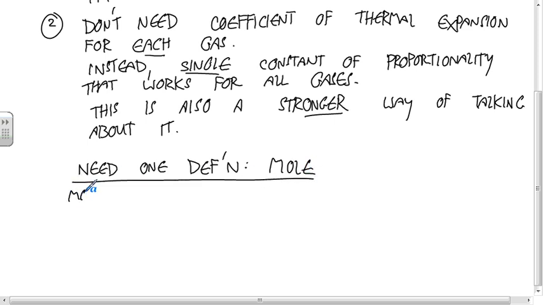So think of a mole as an amount of a substance, and you can think of it as having two different definitions. Sometimes one is more useful, sometimes the other one is. You're going to have to use each of these at different times.